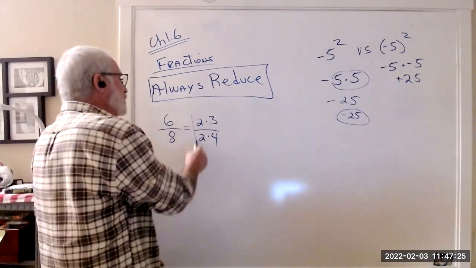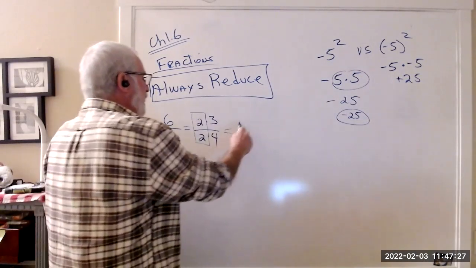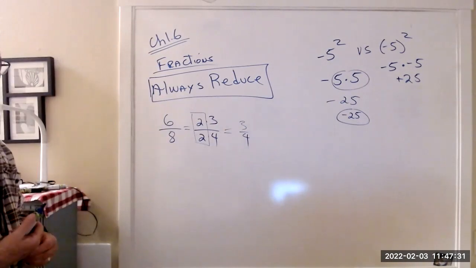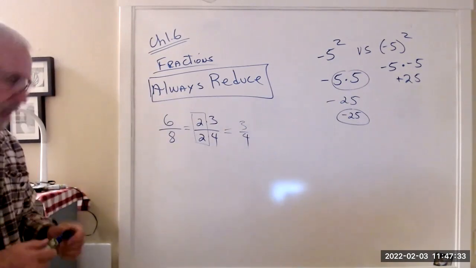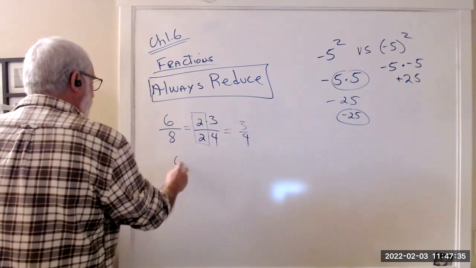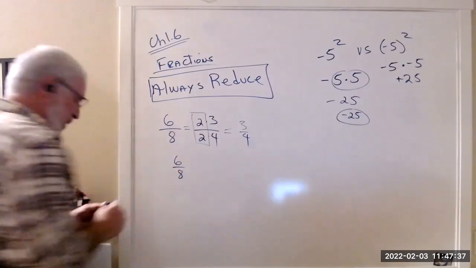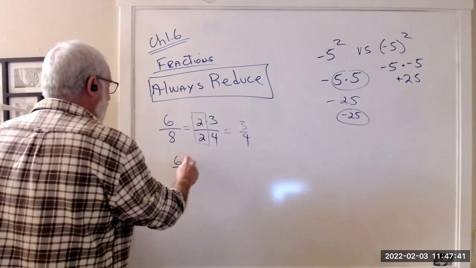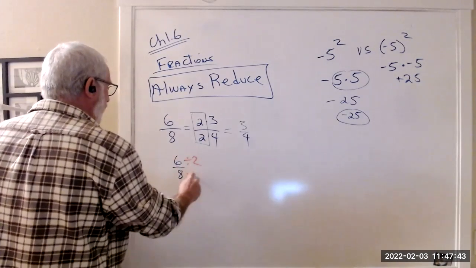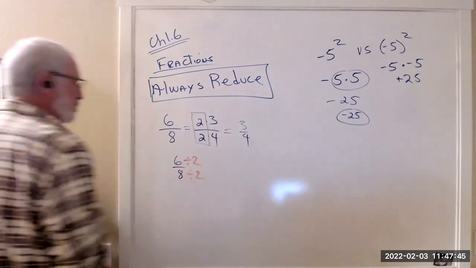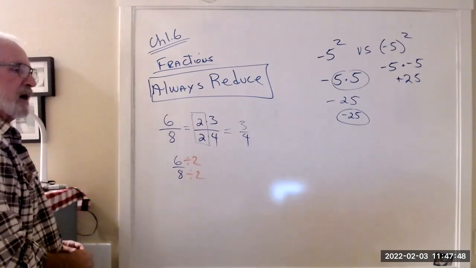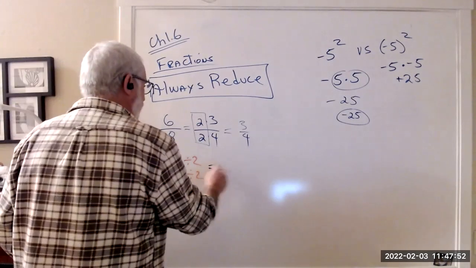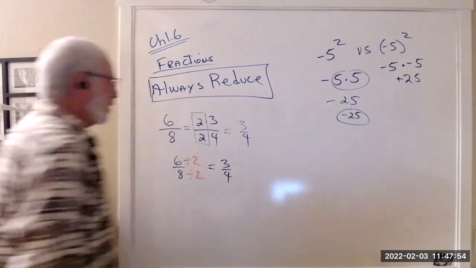These two twosies cancel out, and so we get an answer of 3/4. Yay, we're done. Okay. However, a lot of us have learned that if I divide the top by 2 and the bottom by 2, as long as I divide the top and bottom by the same number, I will still get 3/4.